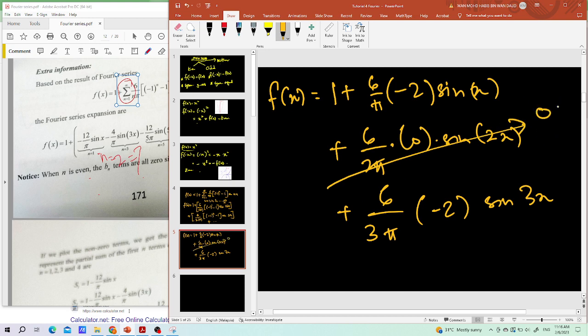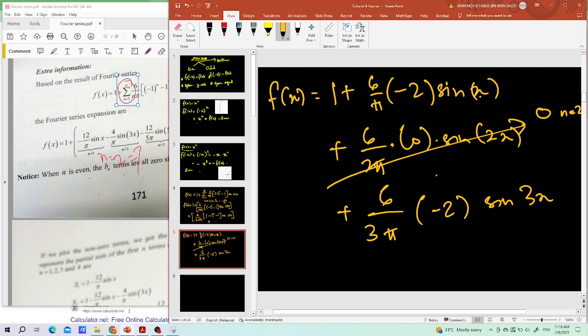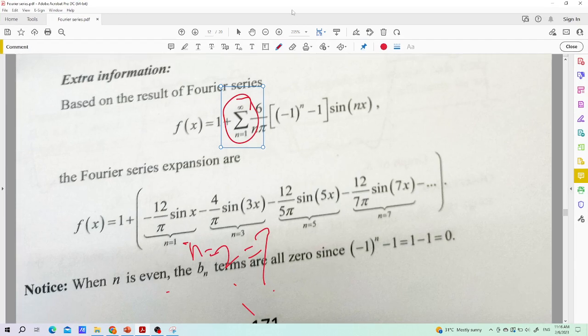That's why the term for n equals 2 finishes here; there is no term for it. We just have the other terms. So we simplify again: f(x) equals 1 minus 12 over pi sine x minus 12 over 3 pi sine 3x. After you simplify, you will get this.